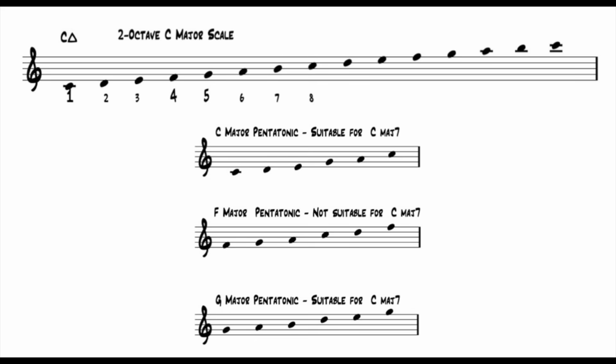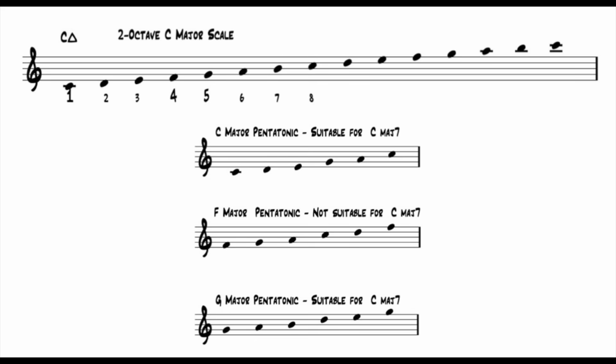But you can see I've written it's not suitable for improvising on a C major chord because of the prominence of the F within that scale. Typically on a major chord, we'll think of the 4th as being an avoid tone, or a handle with care tone, a caution tone. You've got to be careful not to place too much emphasis on the 4th tone on a major chord. So we've located that one, but we're going to rule that one out for improvisation purposes.